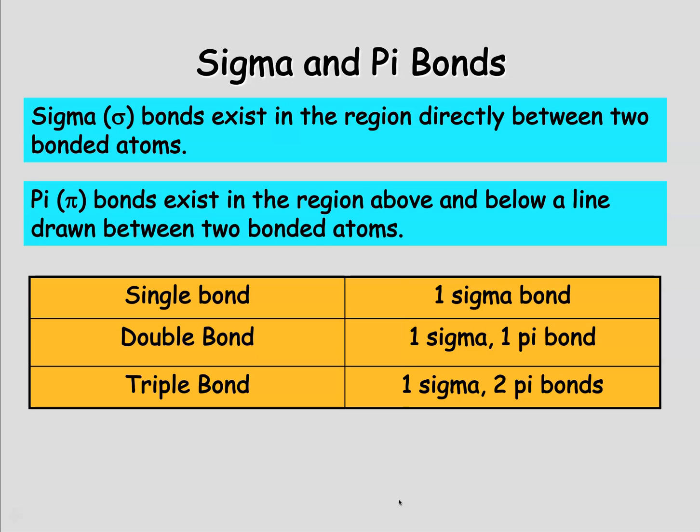A single bond is just sigma. A double bond is sigma and a pi bond, and a triple bond is a sigma and two pi bonds. Questions on the types of bonds in relation to sigma and pi?